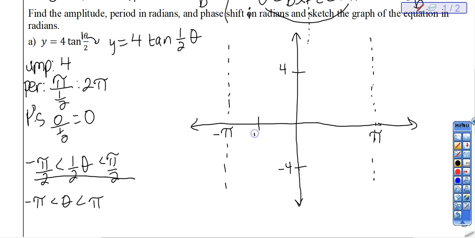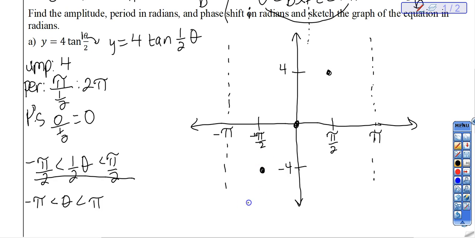So I'm going to have a point at negative pi over 2 and a point at pi over 2. What I'm doing here is drawing the final picture of my function. Remember, tangent starts down low, hits the center, finishes high as it approaches the asymptotes.